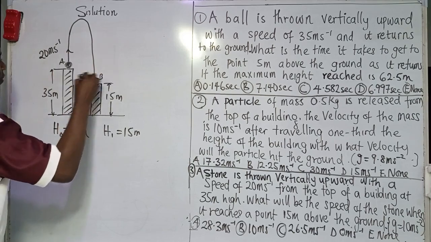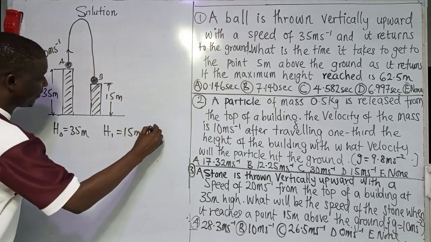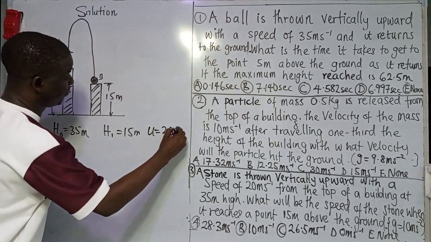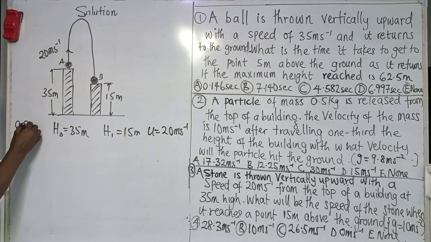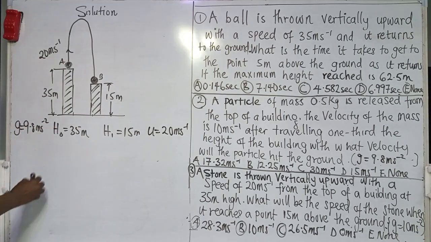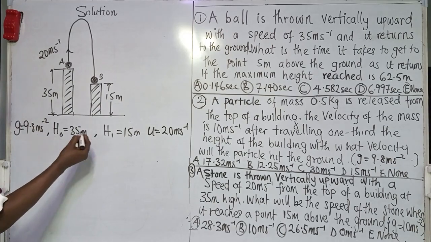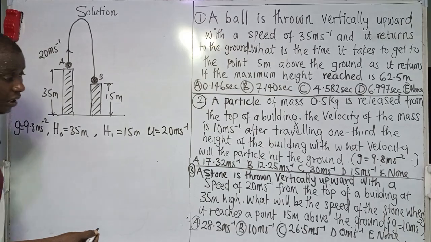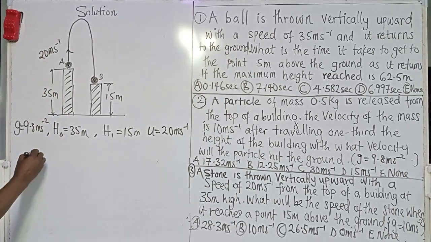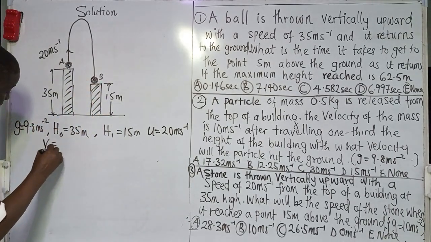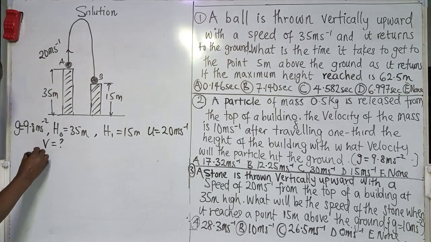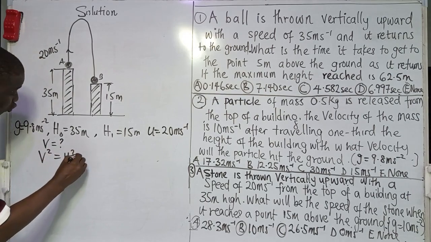So A to B. Now, the initial velocity is 20 meters per second. G is equal to 9.8 meters per second square. We are looking for the velocity at this point, which is V. The suitable formula is v square equal to u square minus 2g times the displacement.